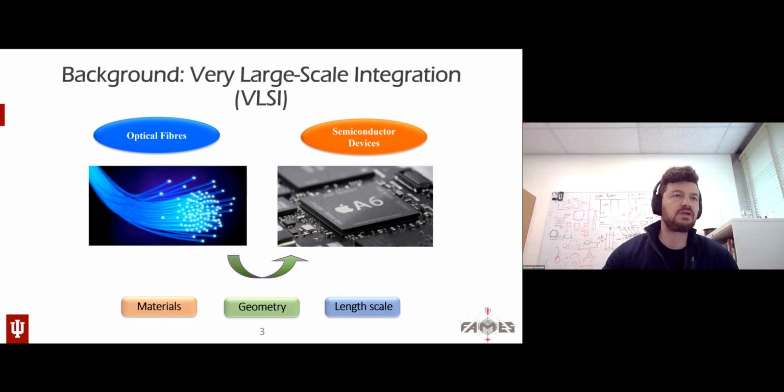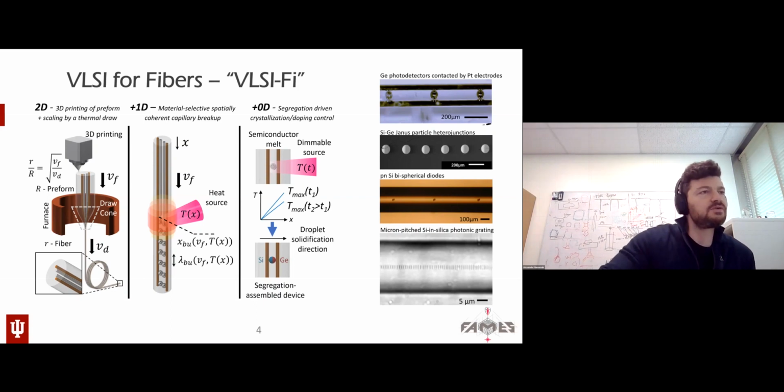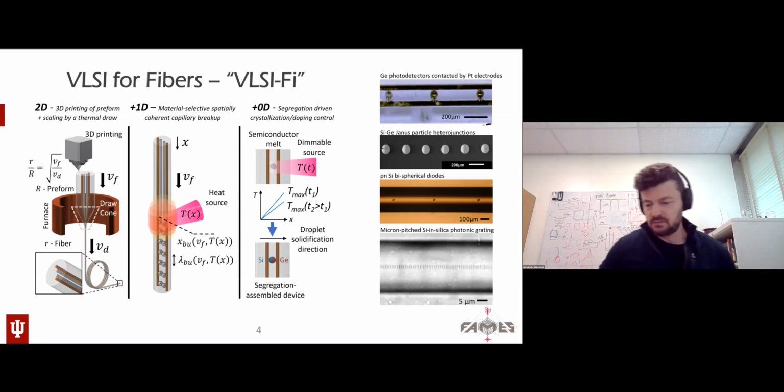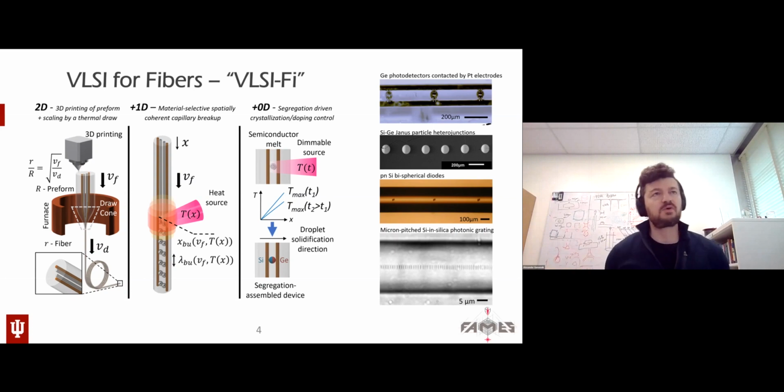Without going into too much detail of how we do that, in general we are developing a proprietary material processing technique that achieves for fibers something similar to very large scale integration for wafers.